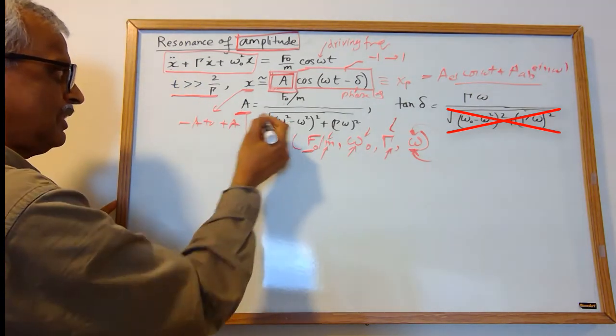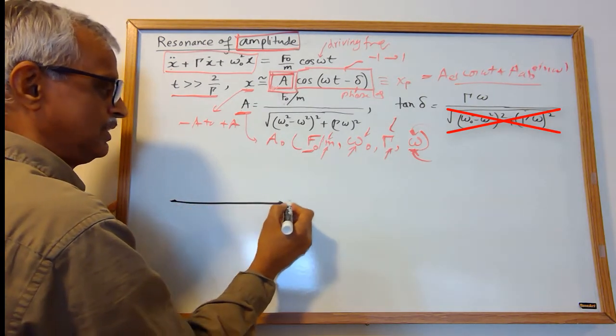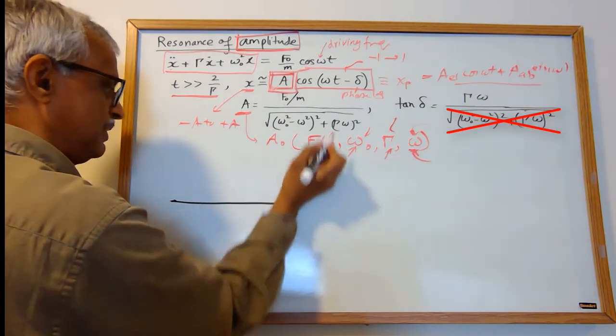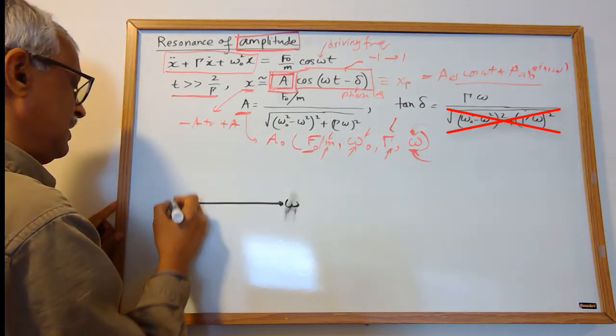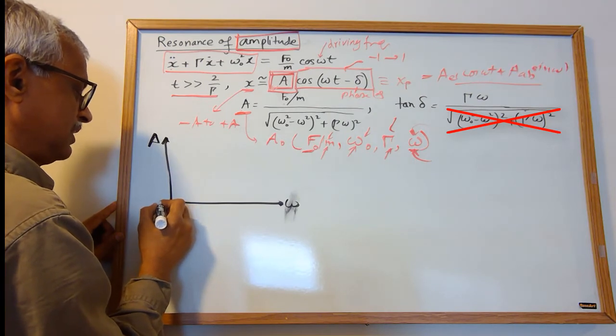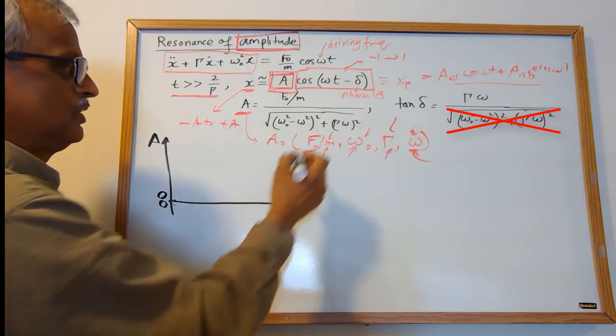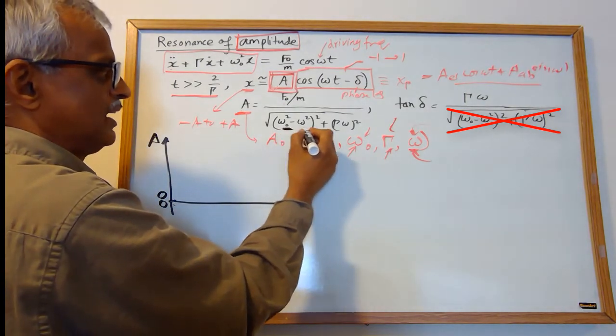So one way to do is just plot A versus omega, with omega 0 and 0, both of them. So when I'm not changing that, I'm changing this guy.